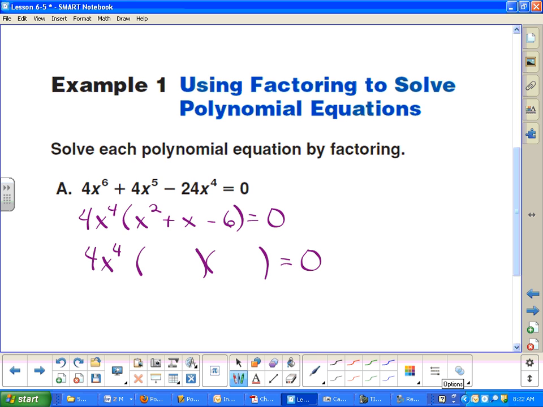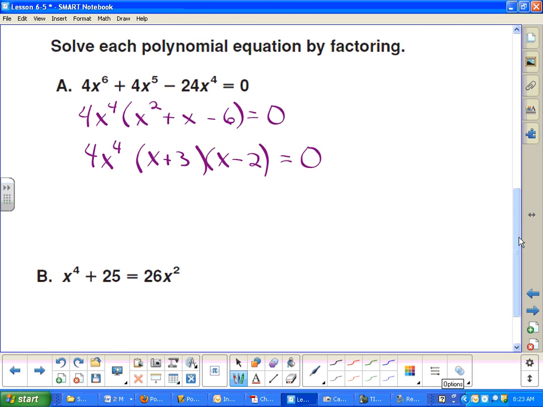What are the factors of negative 6 that add up to 1? Okay, positive 3 and negative 2. So we have x plus 3 and x minus 2. So we set those equal to 0.